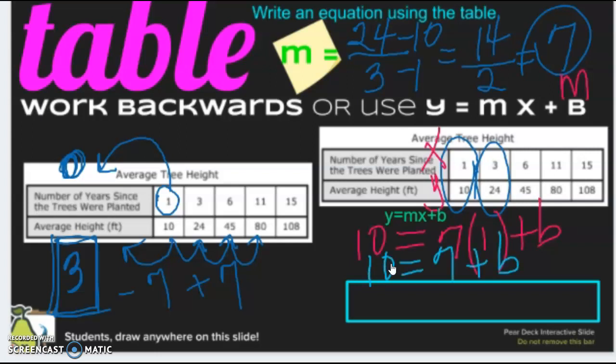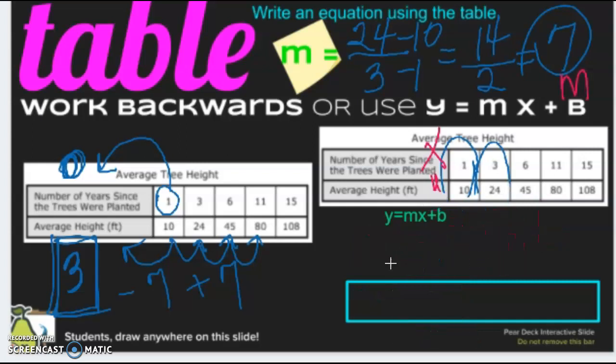Remember, we do the opposite operation, so I'm going to do minus 7 on both sides. And you see how b is equal to 3. Okay, so then once I have my b is 3, I'm going to write my equation. So then we have y is equal to, my slope was 7x, plus 3.